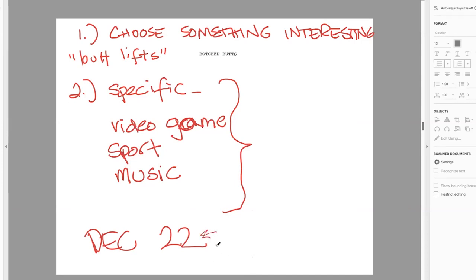And the reason it is due December 22 is because I am giving you the longest opportunity. I'm giving you to the very last minute because I have to turn in the grades on December 23. And if I don't have your final project on December 22 by the designated time, which is class time, I cannot submit your grade, which means I have to give you a 0, because I can't just submit some students' grades.